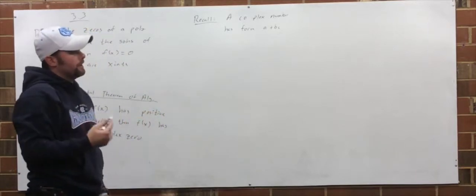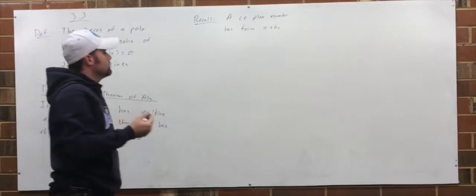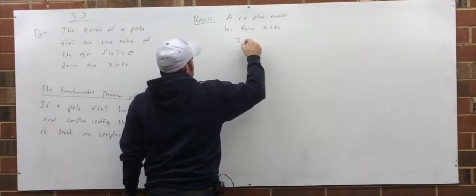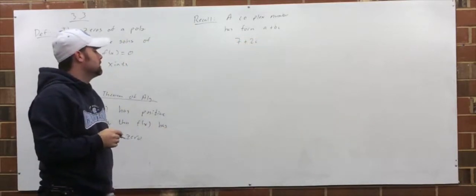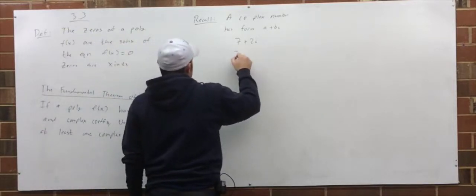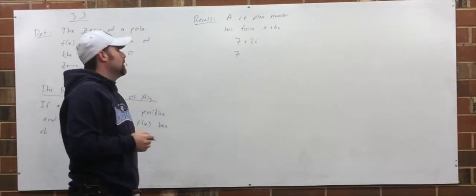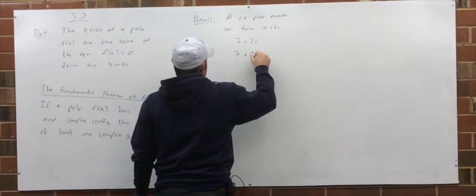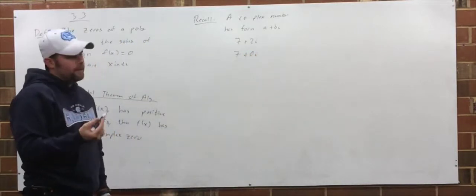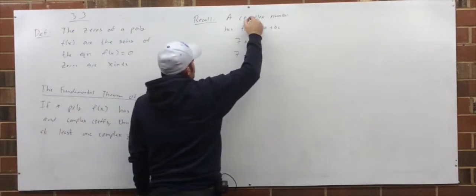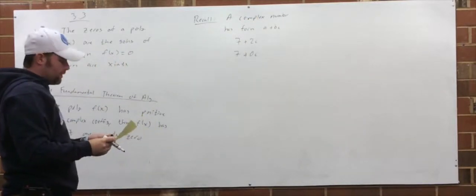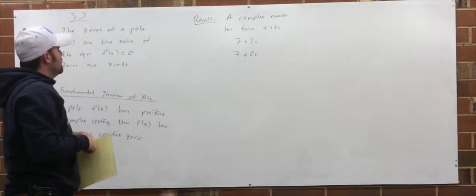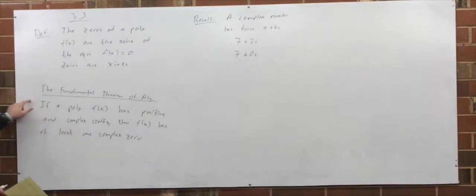Recognize every number technically is a complex number. So, for example, certainly 7 plus 2i is a complex number. Recognize also that the number 7 is a complex number, right? With just 0i. So every number can be considered a complex number with 0 equal to the b term.